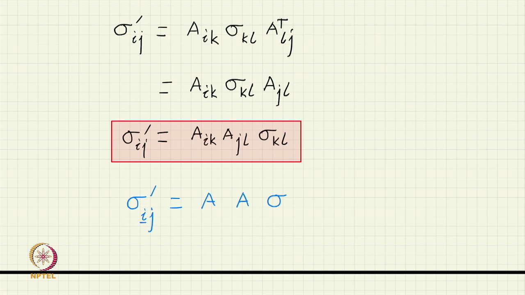So, the first subscript i I write for the first A, and the second subscript j I write as the first subscript of the second A. The second subscripts I introduce as new subscripts k and l for both A, and that k and l I use in the same sequence for the sigma on the right hand side. So, this is a way to remember and to avoid mistakes while writing expressions like this.